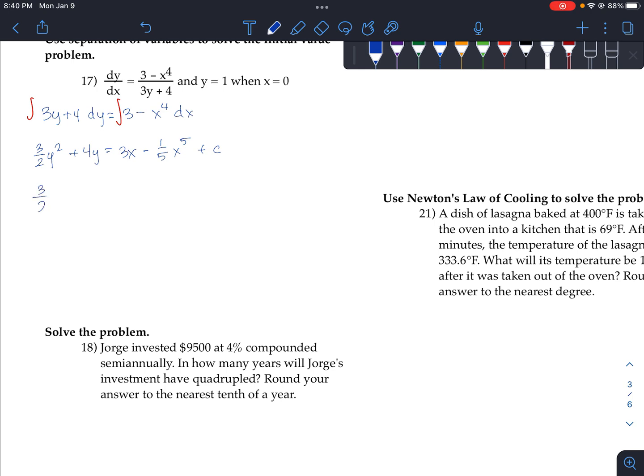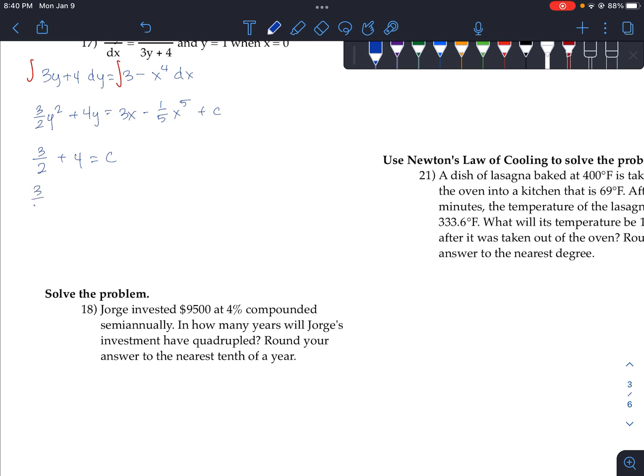That would make this 3 halves plus 4 equal to, x is 0, so that's just 0, so it's equal to c. So this is 3 halves plus 8 halves, and c is going to be equal to 11 halves. Now there's no way you're going to solve this for y by itself, so you're just going to leave it like that. So 3 halves y squared plus 4y is equal to 3x minus 1/5 x to the fifth plus 11 over 2.